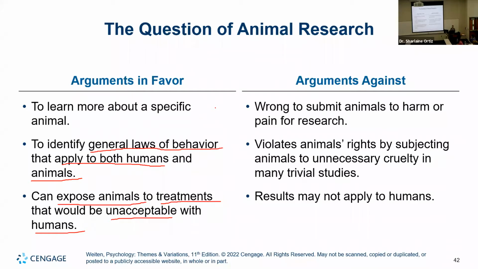Now, of course, there are a lot of aspects that we need to look into when it comes to the arguments against animal research. First and foremost, one that comes to mind is that a lot of individuals consider it morally wrong to inflict pain in order to conduct scientific research.